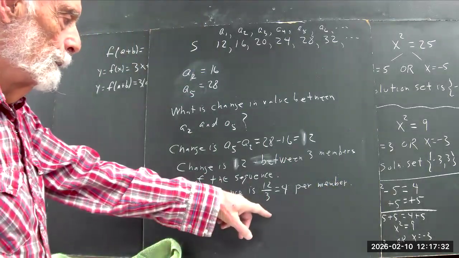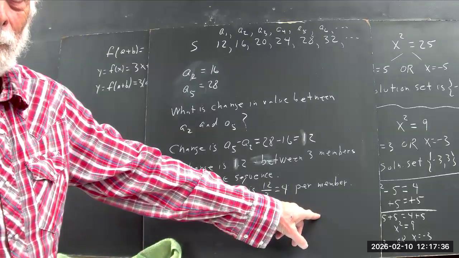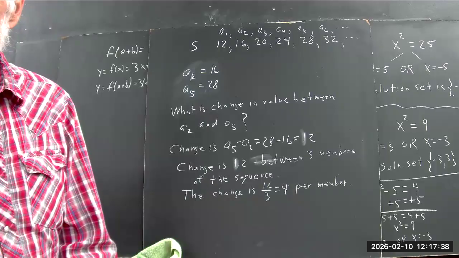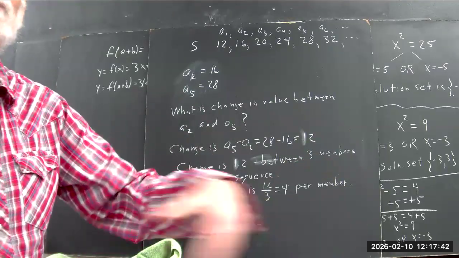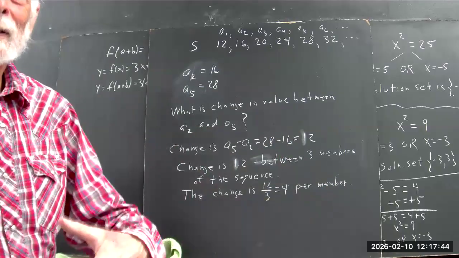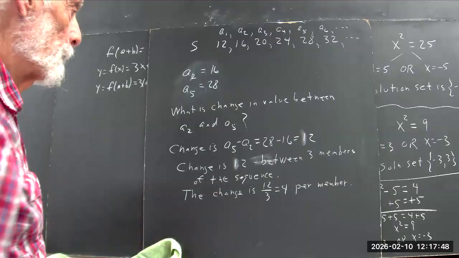It is 12 over 3, which is 4 per member, right? Does that make sense? You've moved over three members and the change is 12, so the average rate of change is 4 for every member.